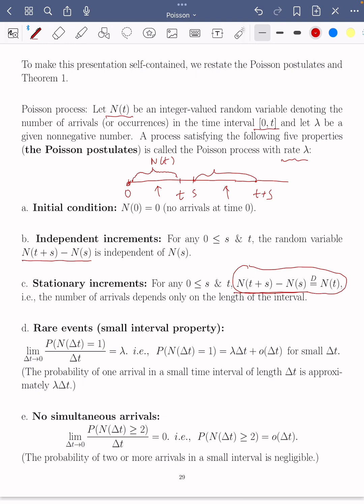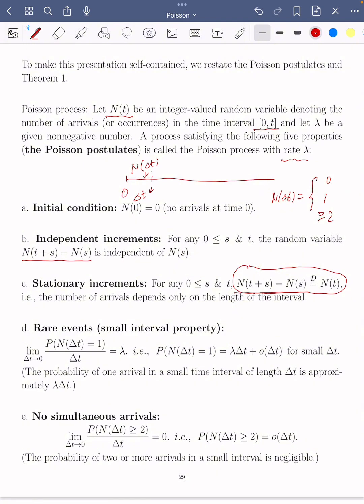Okay, and next, we want to focus on a very small time interval, which is delta t. So this means that we still have this time axis. This is 0, and then this length is delta t. And then we focus on the number of arrivals in this interval. And you can see that the number of arrivals in this interval can be equal to 0, can be equal to 1, and also can be bigger than or equal to 2.